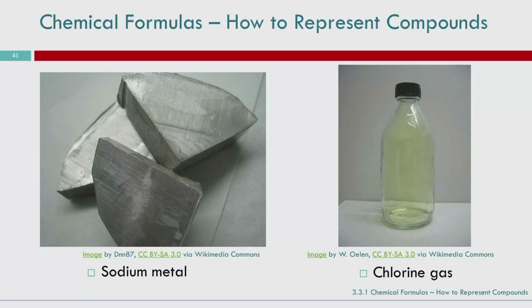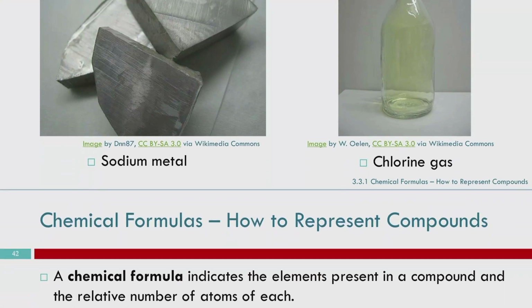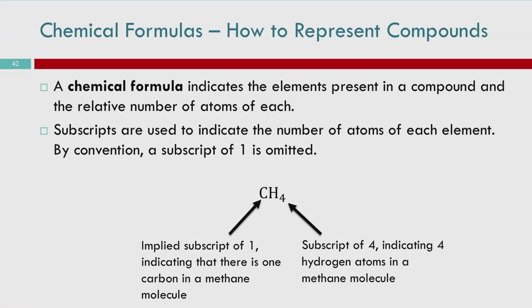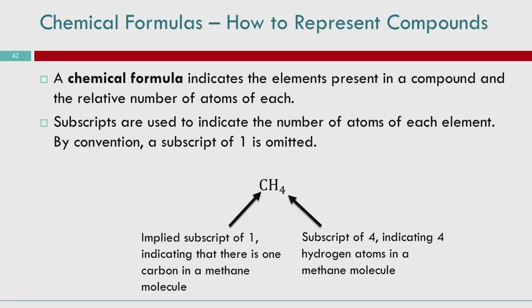All right, so sodium metal and chlorine gas can react with each other. And many other chemicals can also form from different elements. And so we need to be able to represent all of these different chemicals. There's more than you care to know about. And we do that with a chemical formula.